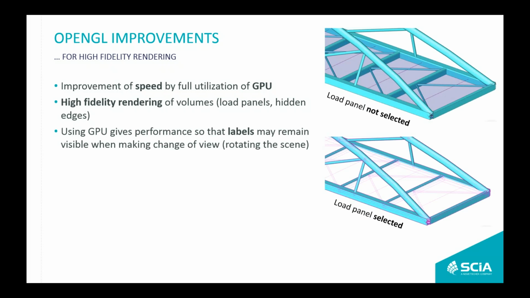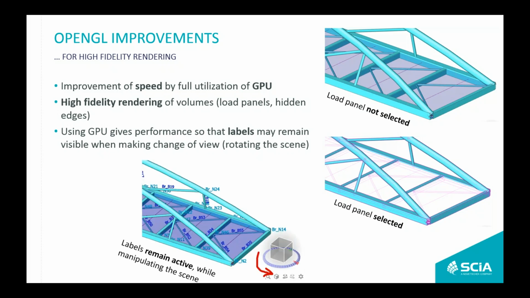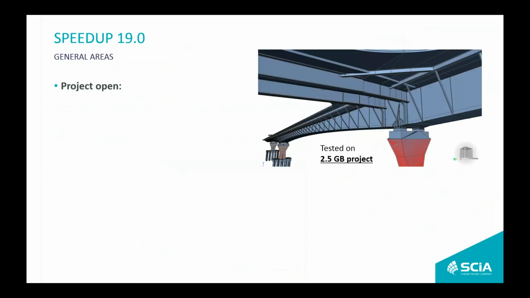On the second picture, there are hidden members behind the volume of the translucent load panel, and these members are also rendered in a subtle way. Furthermore, this performance of the GPU allows us to see labels of nodes or beams or whatever else has labels enabled while changing the view by rotating, moving or zooming in the scene.